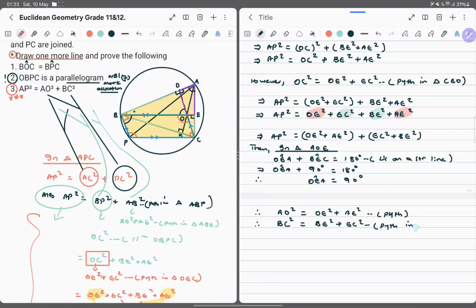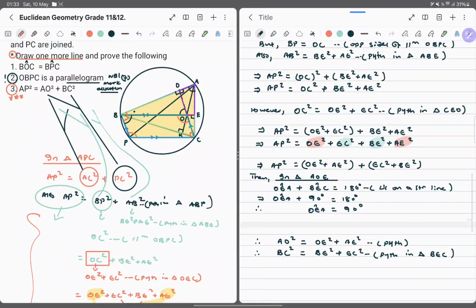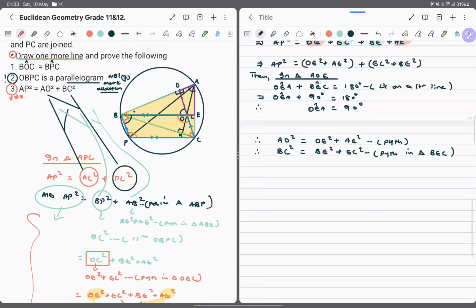Pythagoras theorem in triangle, this is BEC. I don't know if we spoke about it anyway. We probably did not, but it doesn't matter. So, yeah, guys, so what can we say? After this, we can conclude that.